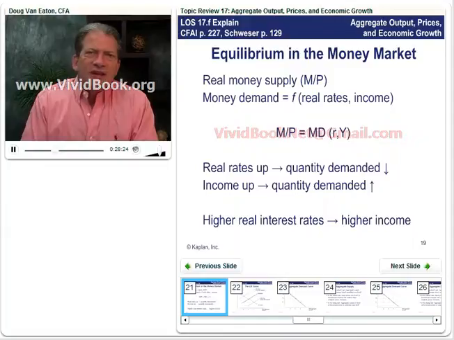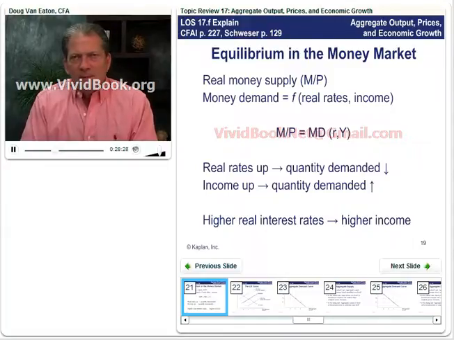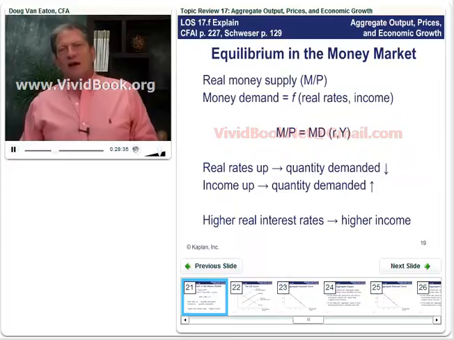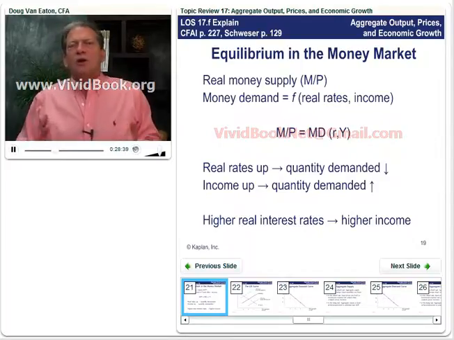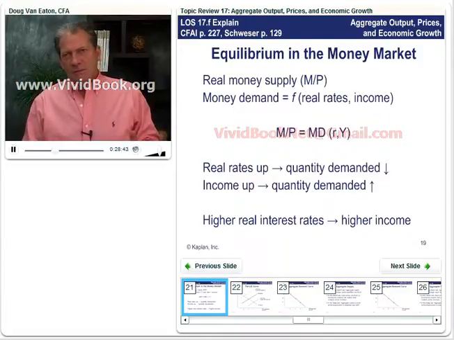Now, so we see higher real interest rates, we're going to have higher incomes. Now remember, on the IS curve, we just did the opposite. But here in the money market, we're saying, look, interest rates go up, quantity demanded of money goes down. In order to get that quantity demanded back up to whatever the quantity available in the economy is, incomes are going to have to rise.